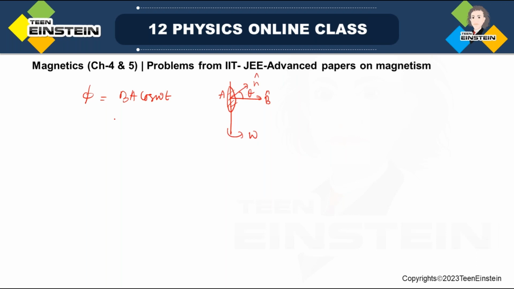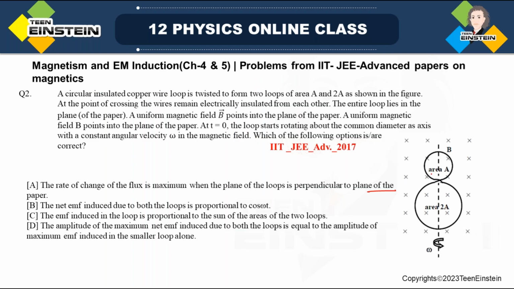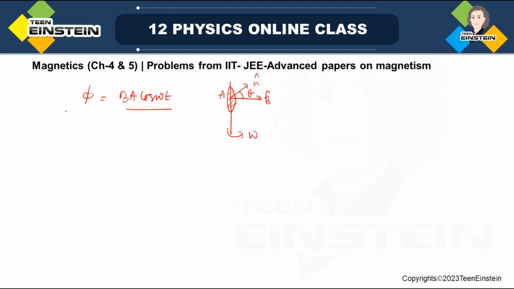It is with a single loop. The first option is about the rate of change of flux being maximum. First of all, let us write the flux itself. So this is phi 1. What about phi 2?